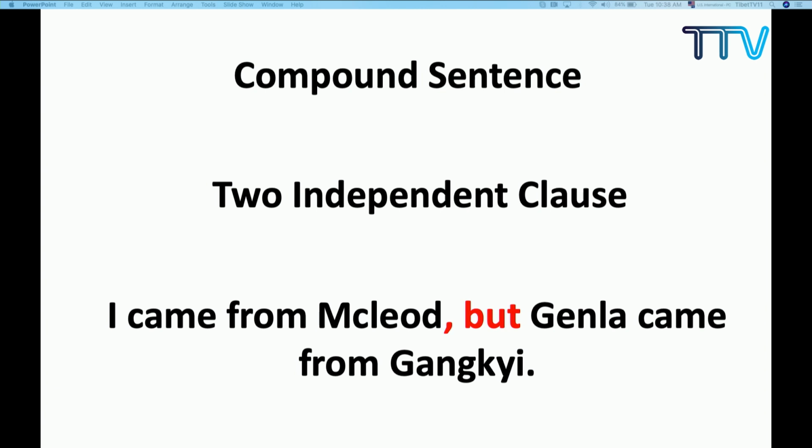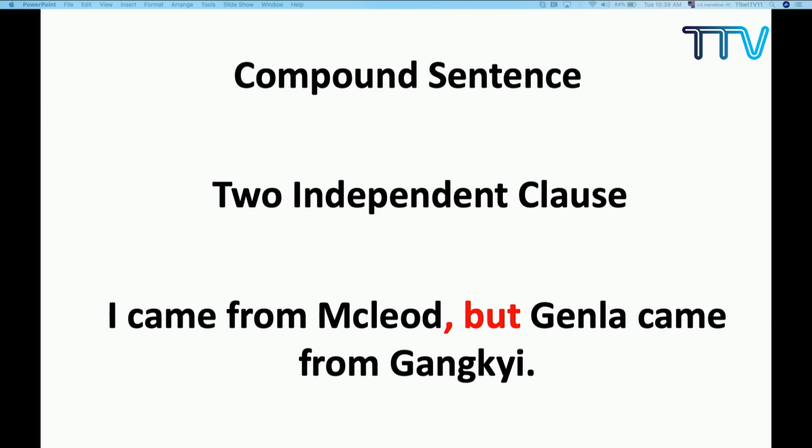You see two simple sentences. I came from McLeod. According to the definition, do you think this is a simple sentence? Yes, because if you look at this sentence, you will see there is a subject, a verb and an object. Gela came from Kanki. Now, a compound sentence is when you join two independent sentences.